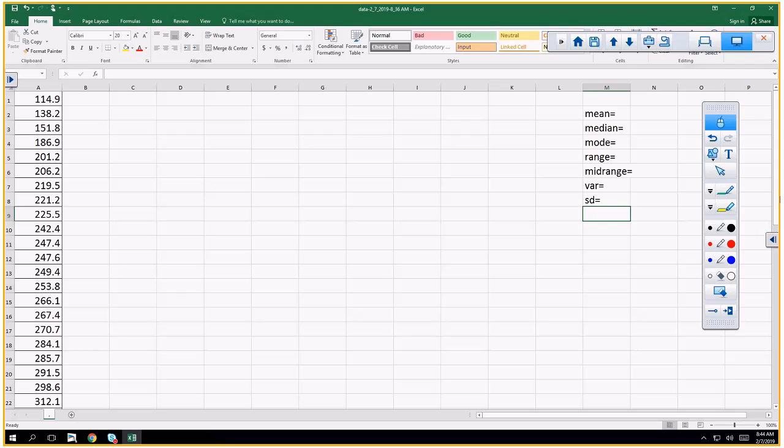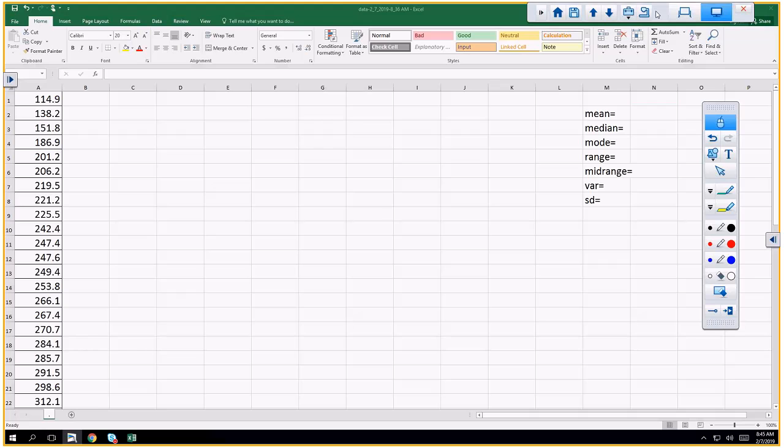When do you use your calculators? When it's a lot of decimals or a lot of numbers and you got to get 5 or 6 different things, that's when you use your calculator. You do not use your calculator to add 52 plus 7. All right, so I'm going to take my handy dandy mean and I'm going to find that first.